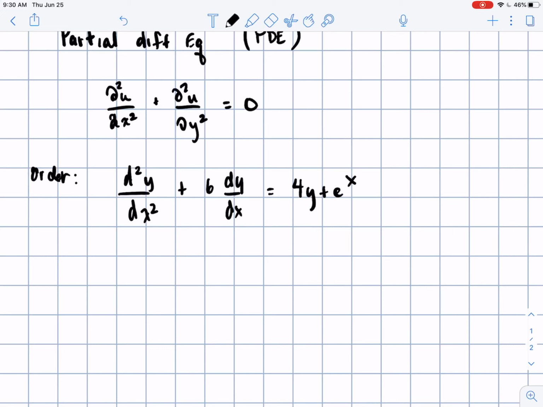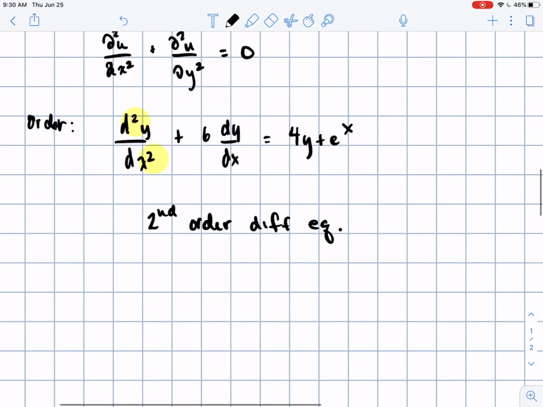So this would be a second order differential equation, because it has the second derivative as its highest order. You could have the nth derivative, plus, let's say, minus 1.